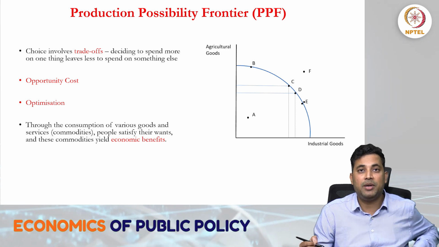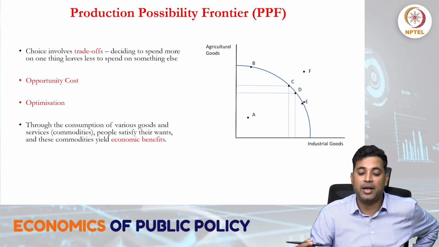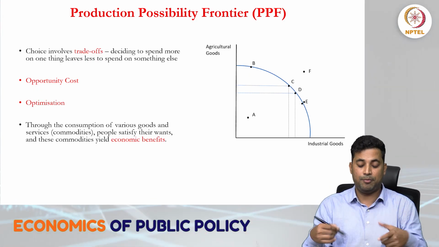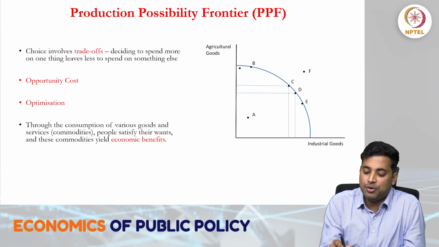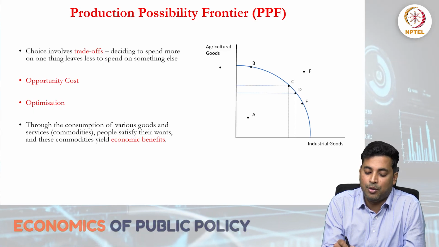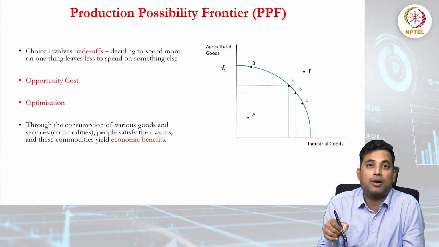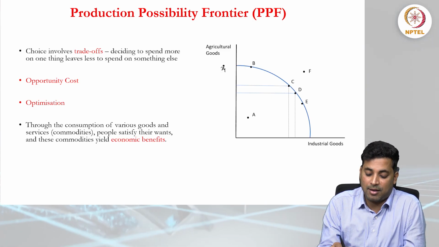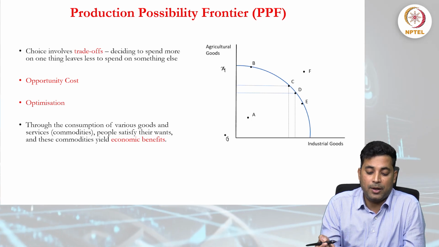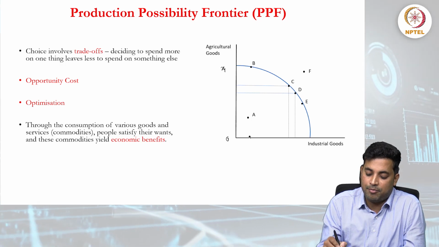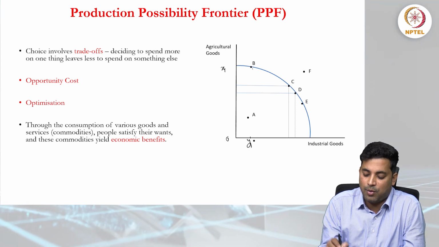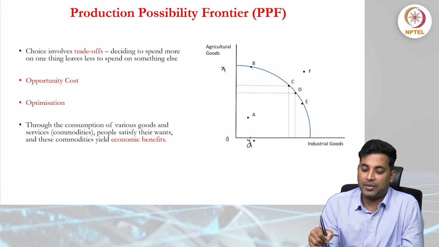There are various combinations where agricultural goods and industrial goods can be produced. Assume at point A we are focusing more on agricultural goods. Take the example of X1 amount of agricultural goods, and at this combination at point A I have Y1 amount of industrial goods.